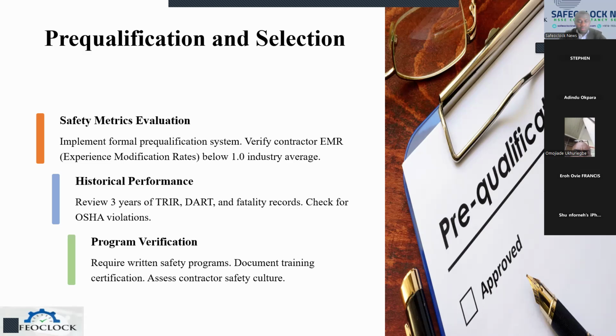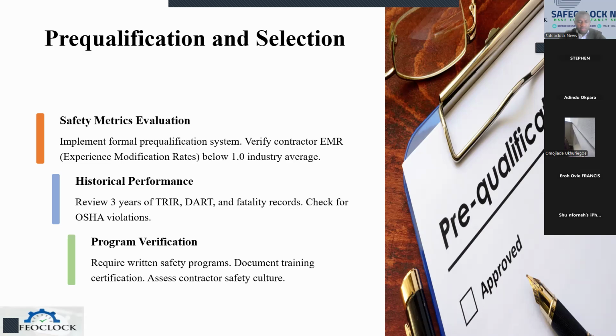For example, if you have a contractor who has crane operators, you will need third party certification for such equipment, and even for the operator of such equipment. These are things we need to verify before we bring in the contractor, before they even begin mobilization to the site. So it is very important for us to have this at the back of our mind.